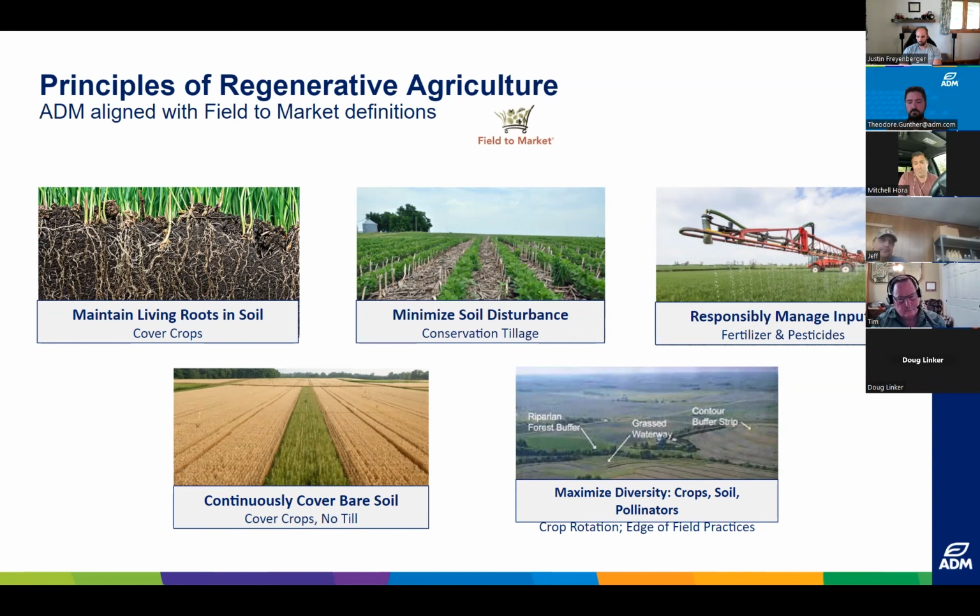We're helping farmers implement these practices anyway, and that story has a lot of value. How do we utilize that to tell that story? It's a marketing type of thing, but there's a lot of value. Sure. And the next slide, we can go to that one.